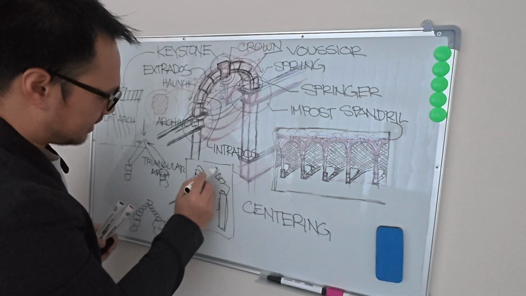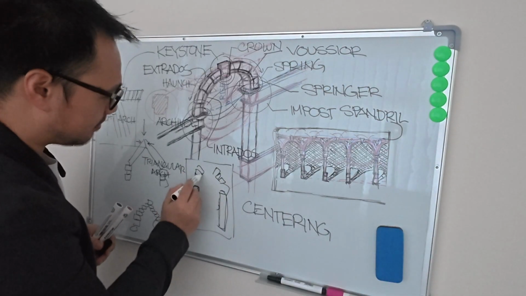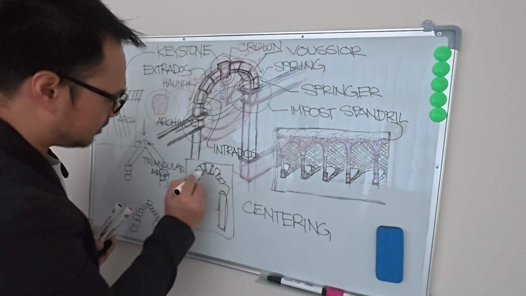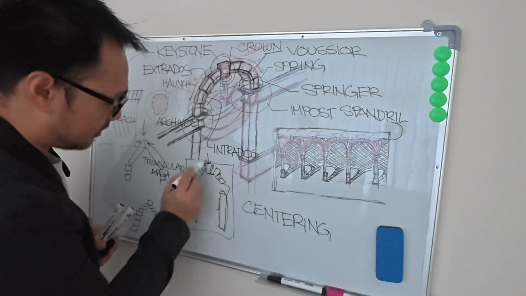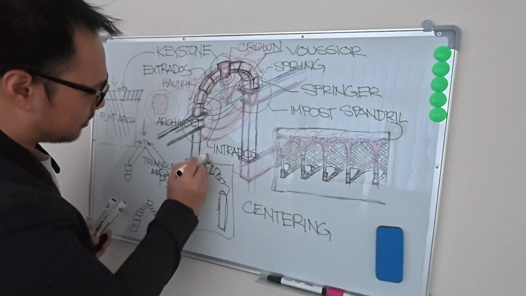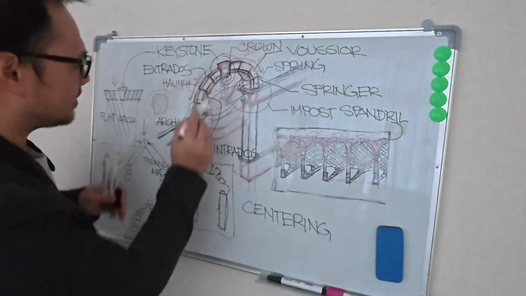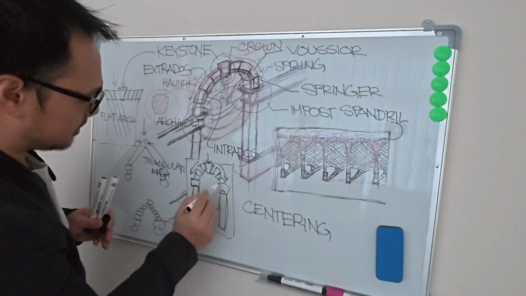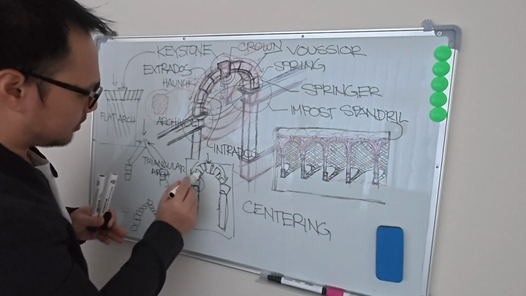Okay? And they would have their centering to hold it up as they're building it. And as they fixed it, they wedged their keystone where all the pressure, all the weight was being carried. Now, the weight is carried over and carried by the haunch onto the post. So that's the impost where it's connected, right?